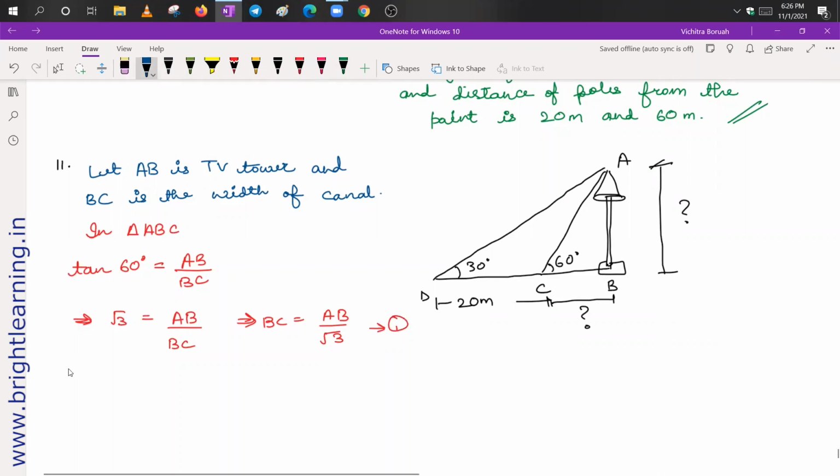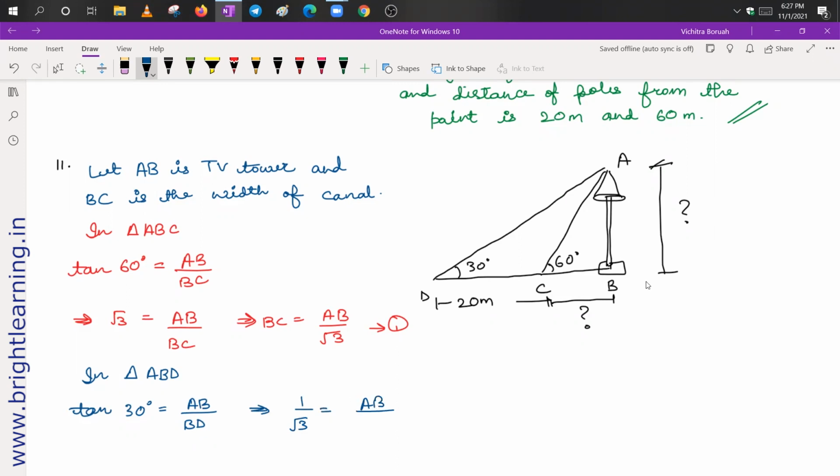Now next we will take triangle ABD, that is this whole triangle. So in triangle ABD, again here also we will use tan 30 degree. Okay, tan 30 degree is perpendicular upon base. So tan 30 degree is equal to perpendicular AB upon base BD. Now tan 30 degree is 1 upon √3. AB we have to find.